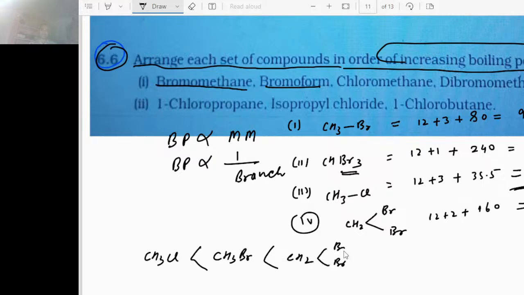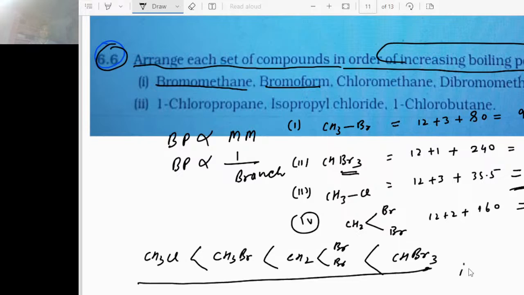And lastly, bromoform, CHBr3. This is the increasing order of boiling point. So I hope it is clear to you, very easy.